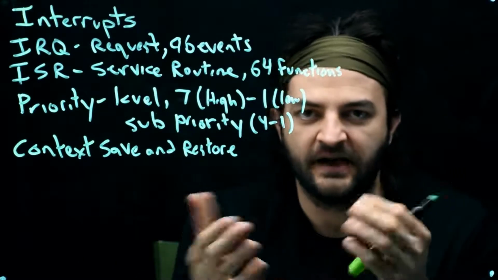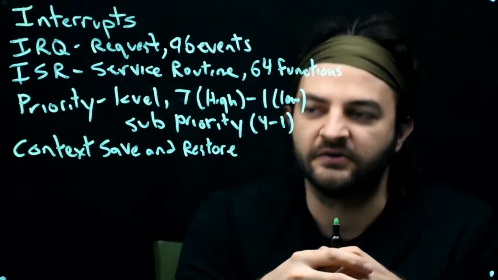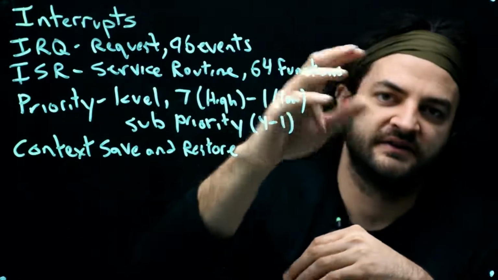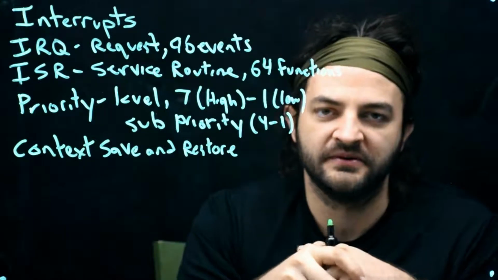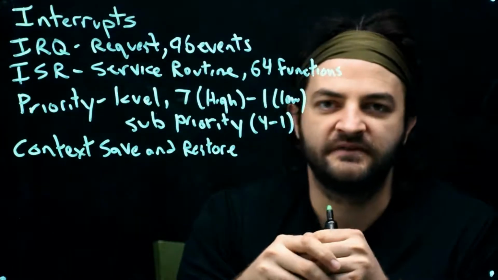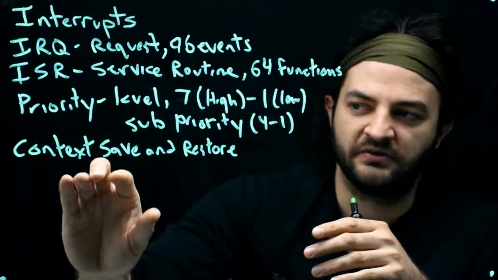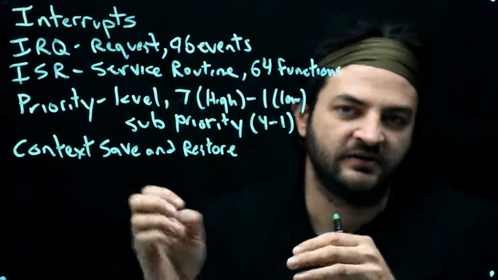That takes a little bit of time, right? Because say there's 32 variables that we're working on. So we have to save 32 variables, go do our stuff, and then restore 32 variables. That means there's a little bit of latency and delay, and depending on, maybe we're only working on 16 instead of 32, so we only have to do 16.